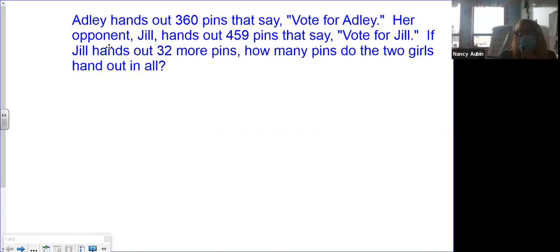We've got Adley handing out 360, her opponent Jill's handing out 459, and then Jill hands out 32 more. How many pins do the 2 girls hand out in all? Go for it. Your job right now is to solve that problem.